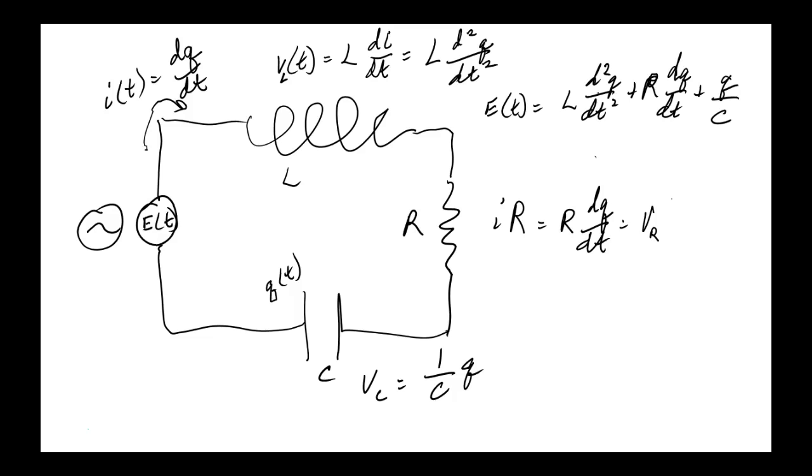I just thought this worked better physically. This is a parameter of the system, the strength of your inductor, that's the strength of your resistor, and this is the strength of your capacitor. So this gives you your differential equation, a second order, linear differential equation, and this is your E of t, which goes on that side. Okay?